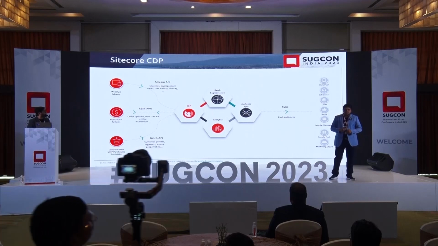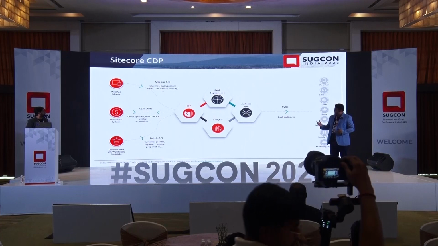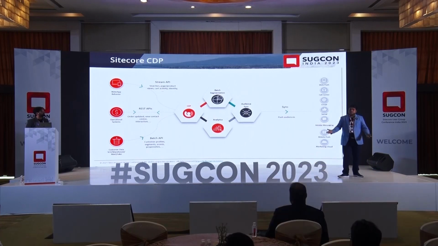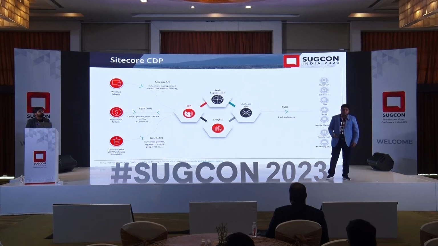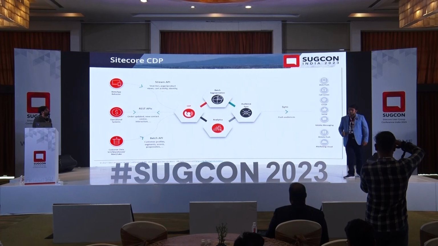We can consider that as a point from REST APIs. Next, batch API, right? So let's say there is a CRM system, SAP, or some downstream systems which are continuously synchronizing their order data or some customer information into CDP, which can then be utilized to push audience sync and perform some kind of magic for the customers.